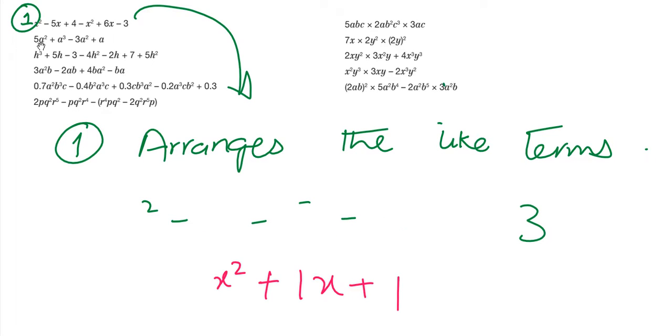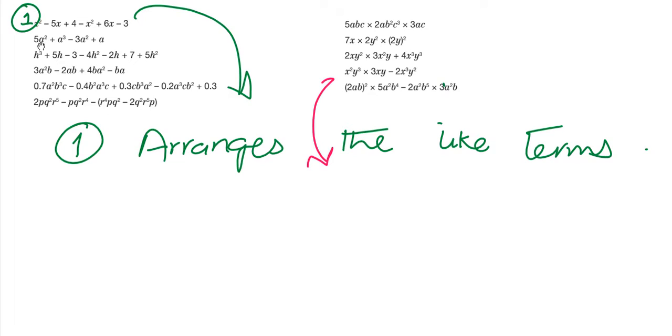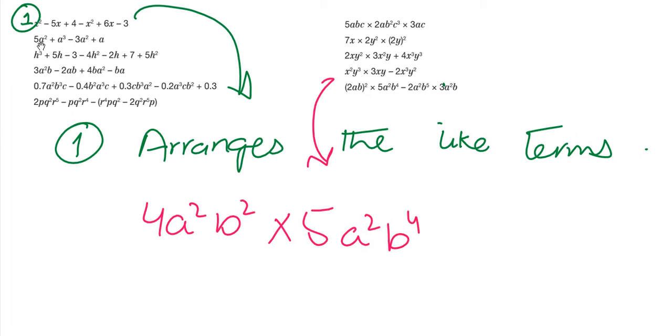Let's work out another example. Let's say I have taken this one: 2ab square times b square b4. All right, 4a square b square times 5a square b4 square b5 times 3a square b.